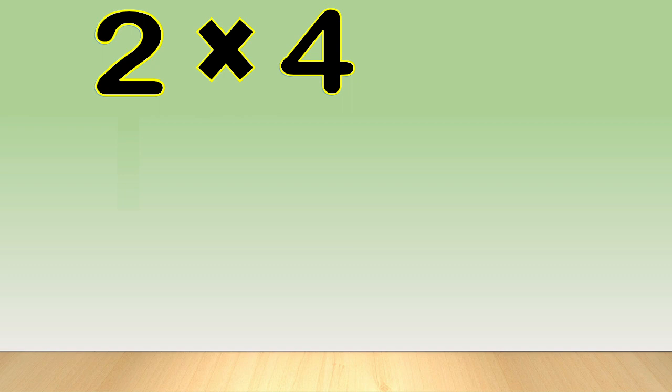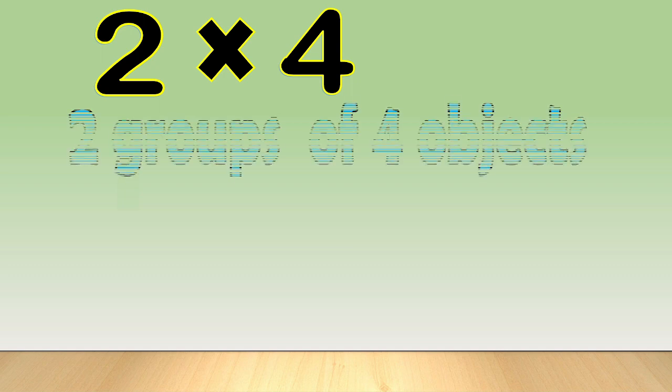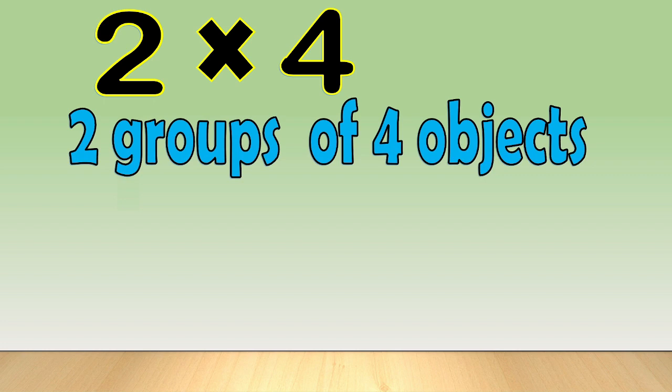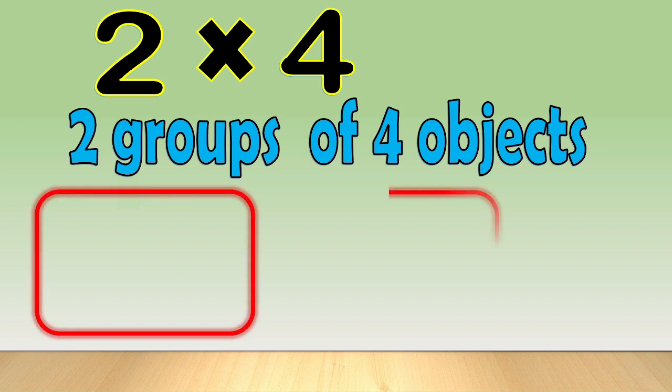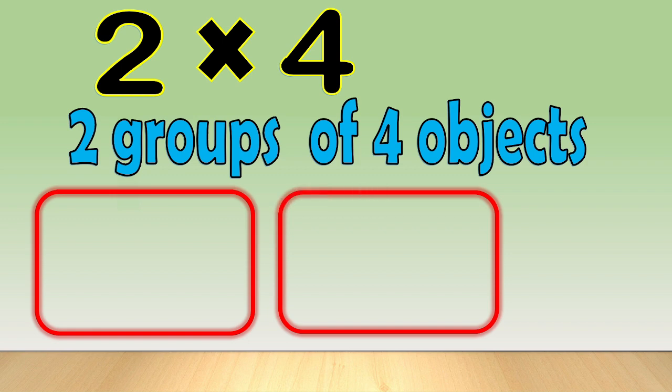Another example, 2 times 4. That means we need to make 2 groups of 4 objects. Let's make 2 groups first. 1, 2. We are going to put 4 boxes in each group.